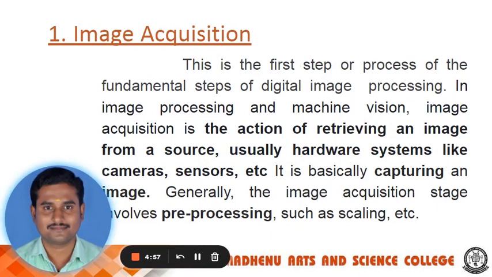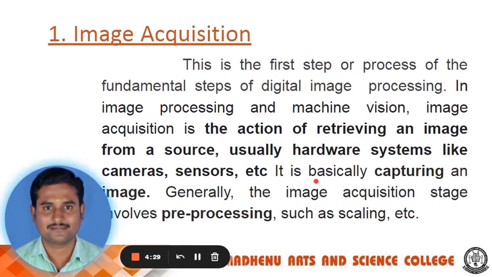Next, let us discuss all the steps of image processing techniques one by one. First one is image acquisition. This is the first step of image processing technique. In image acquisition, we are capturing the image for processing. Image acquisition is the action of retrieving an image from a source, usually hardware systems like camera sensors.